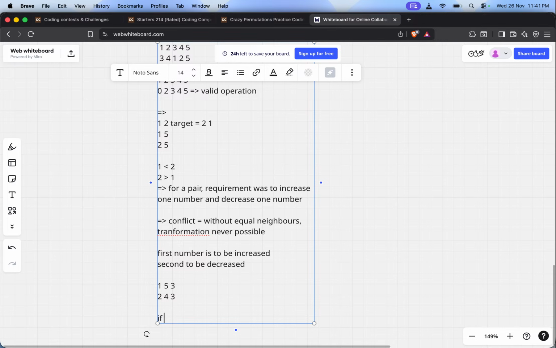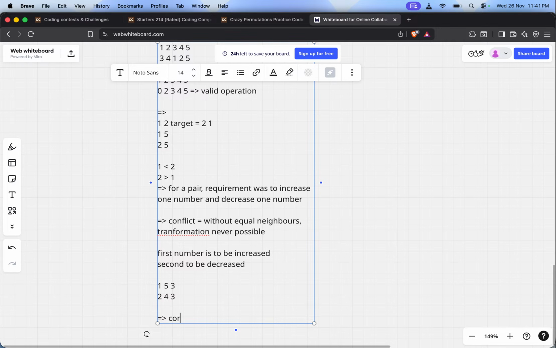So what is our observation till now? The first observation was that if we have to increase the first number in a pair and decrease the second number in the pair, then transformation is not possible. But it is not correct for all cases.